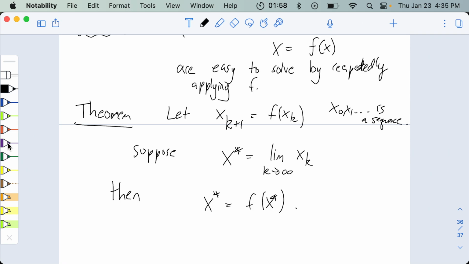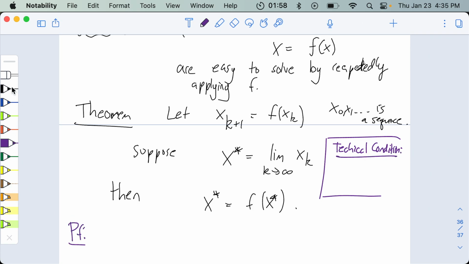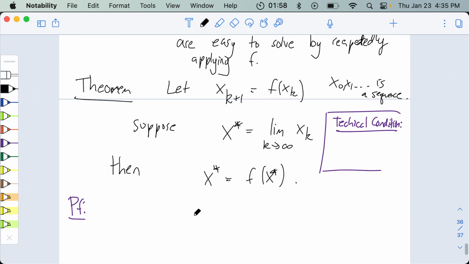And I need one technical condition. We will discover what the technical condition is as we go. Maybe you can guess what it has to be. But here is the proof of the theorem. It just starts with, you've got x_{k+1} equal f of x_k.